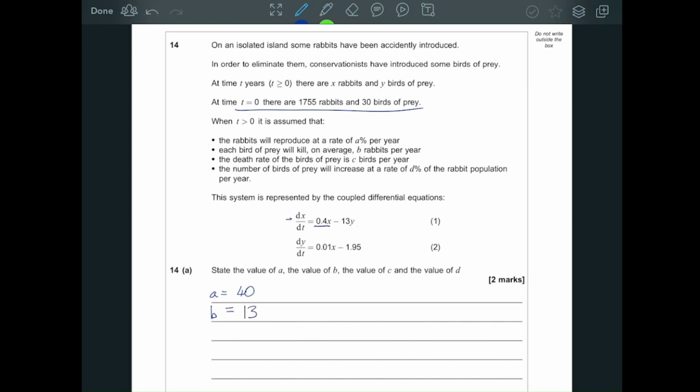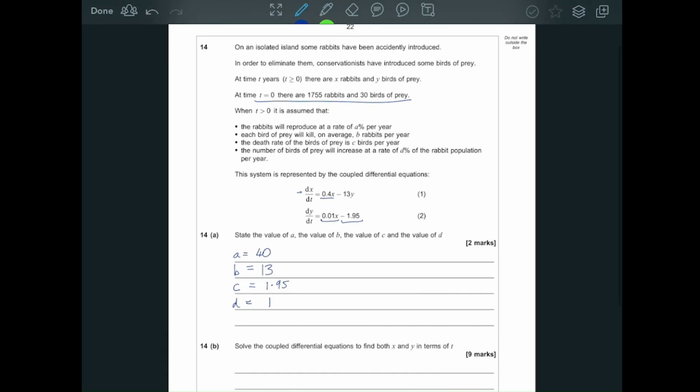And the death rate of birds of prey, so that's going to be the decreasing factor here, is c birds per year. That looks like 1.95. And the number of birds of prey will increase at a rate of 1% of the rabbit population per year. So each of those four components in our coupled differential equations comes from each of those sentences.